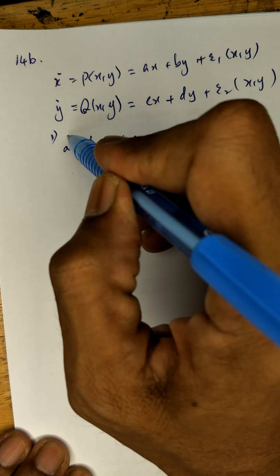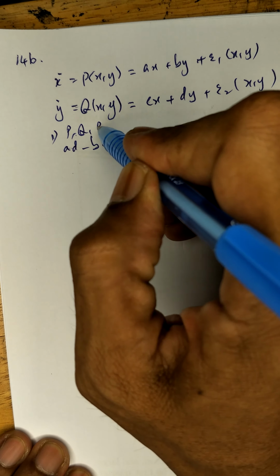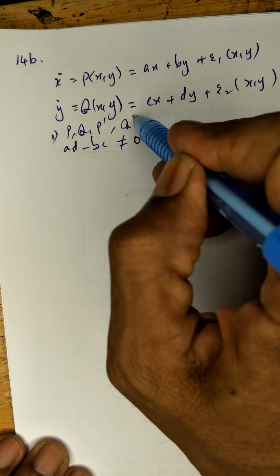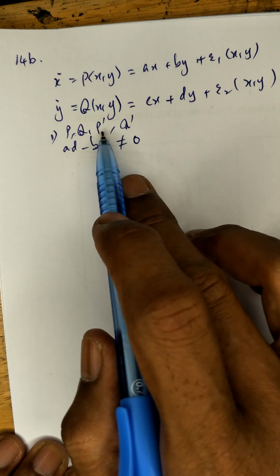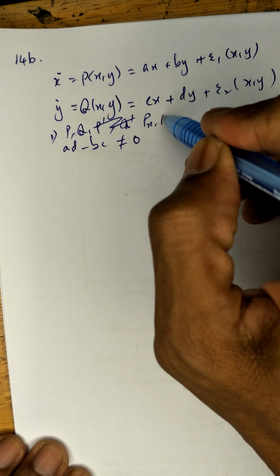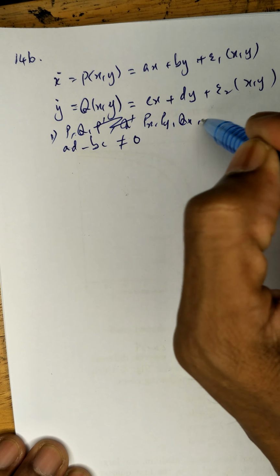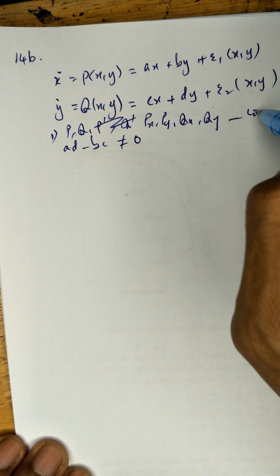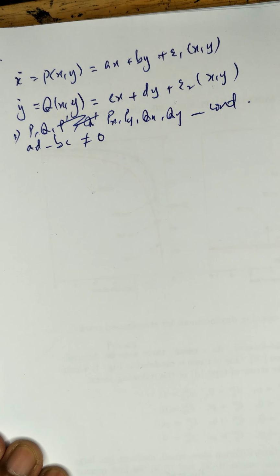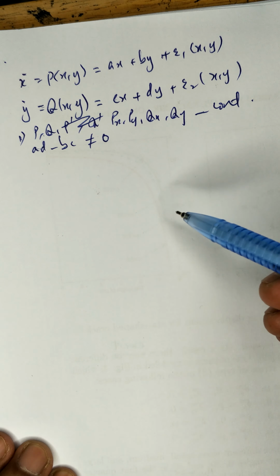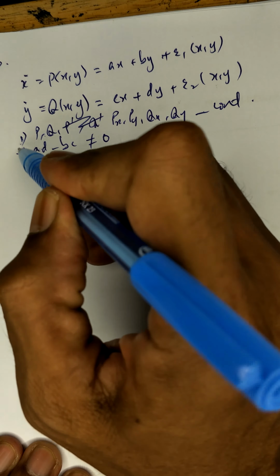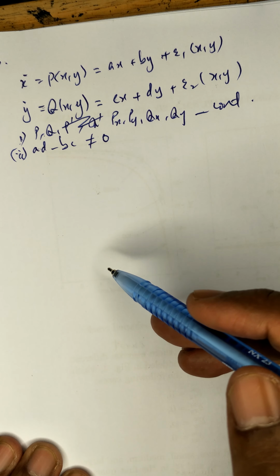The first condition is that P, Q and their partial derivatives with respect to x and y, so Px, Py, Qx, Qy, are all continuous in the neighborhood of (0,0). The second condition is that ad minus bc is different than 0.